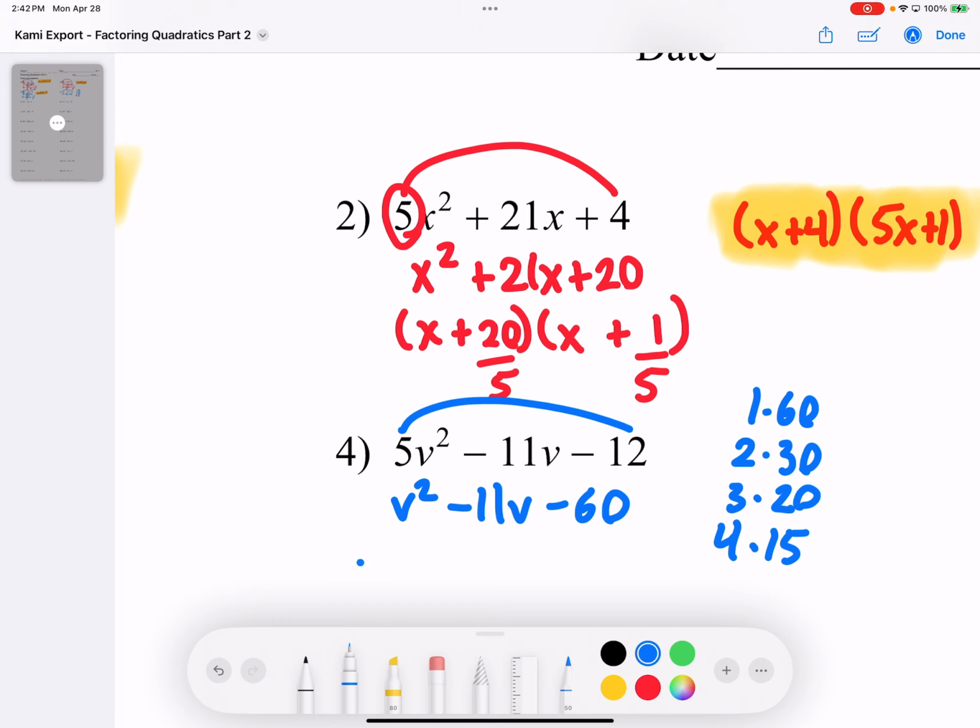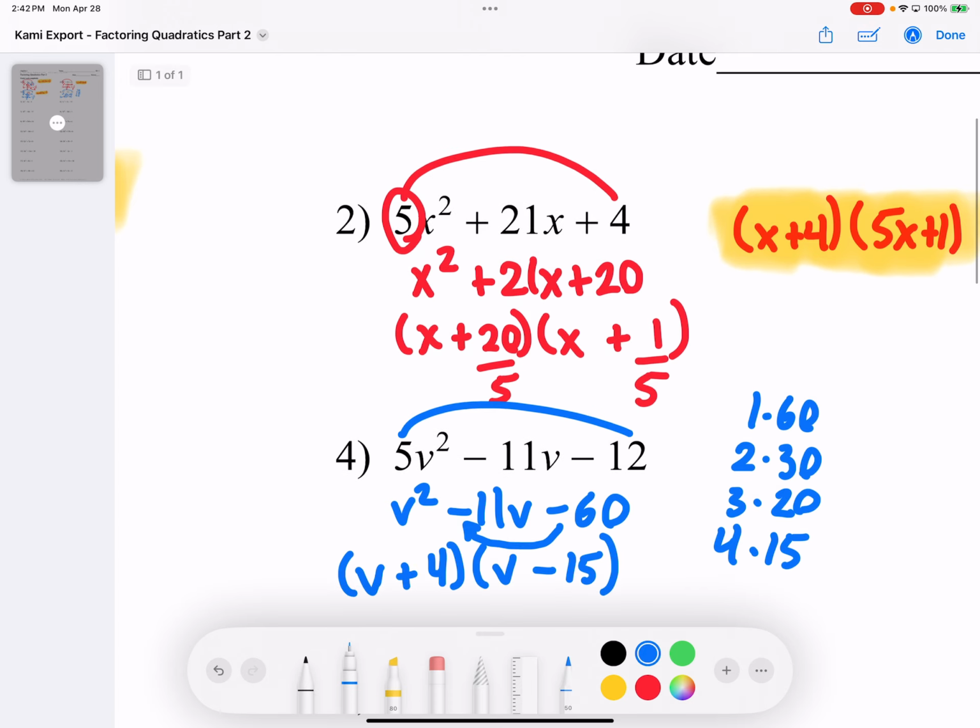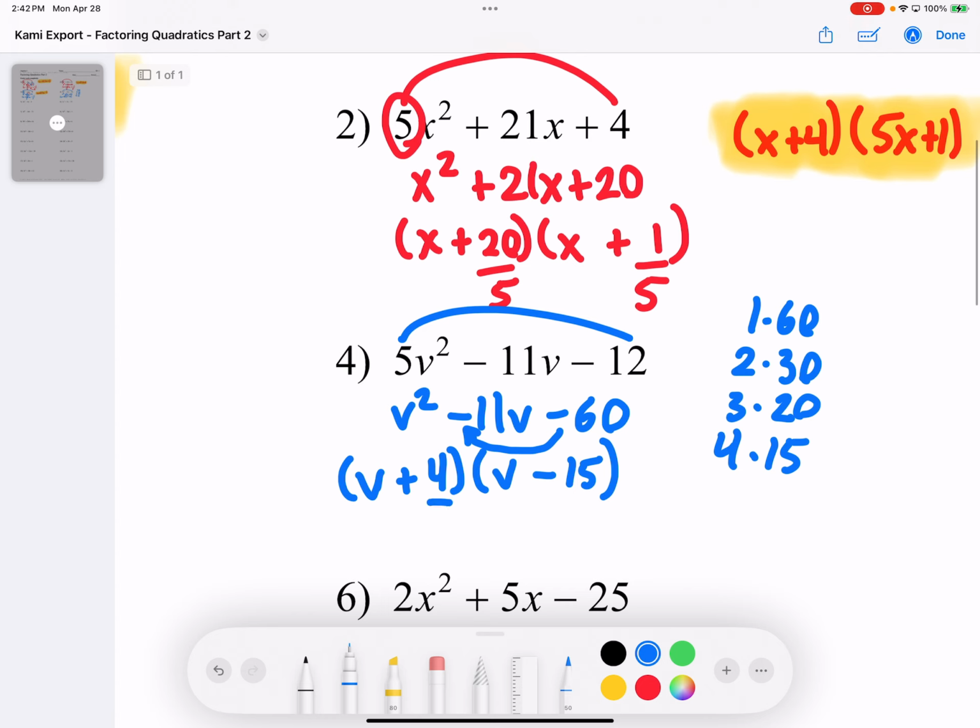So we're going to make our 2 parentheses. We're going to split it up into v and v, and then 4 and 15. Because it's a minus in front of the 60, we look to the other one, which is also a minus. So the big number wins a minus, the other one gets a plus. And I'm not done yet because we have to divide by that 5.